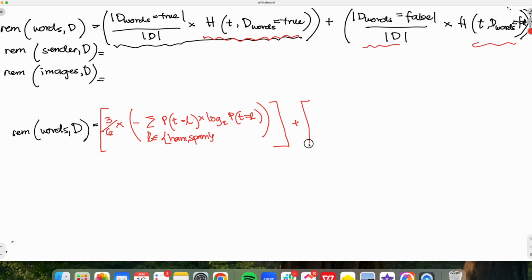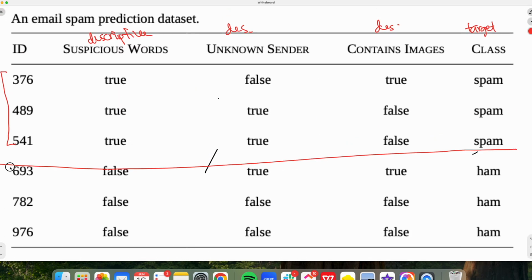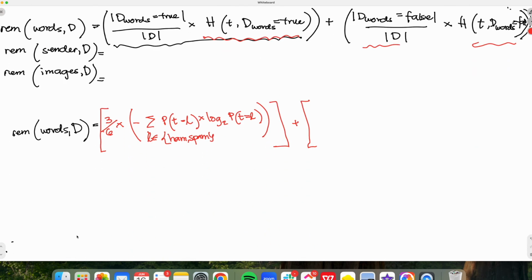So this is again, we will be looking for the data set for which the suspicious words are all equal to false. Note that we will be looking at from 693 to 976. They are all false. So there are again 3 over 6 times the entropy.